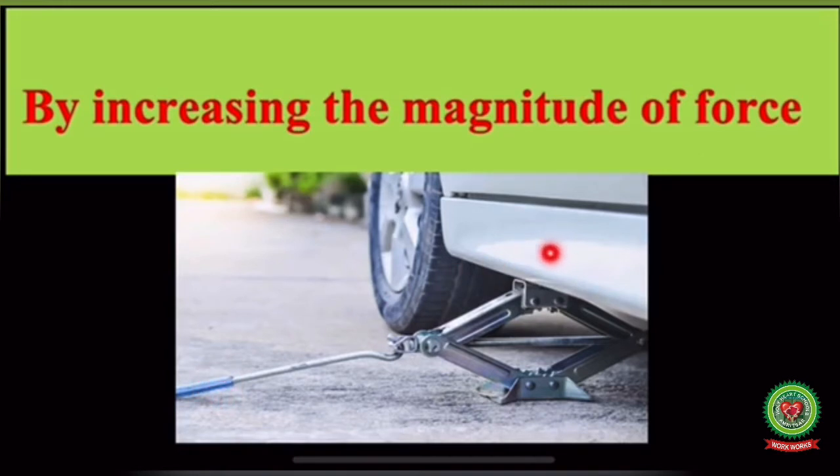We cannot lift that car on our own with our hands. This means this jack screw has done something with our force. It has increased the magnitude of force, which was able to lift this car up. So this jack screw is considered as a simple machine as it is giving us an increase in magnitude of force.